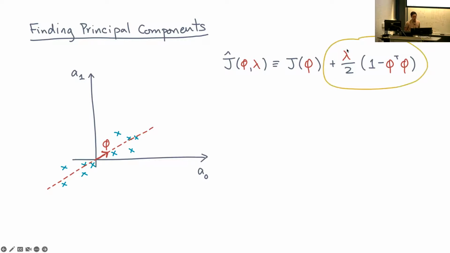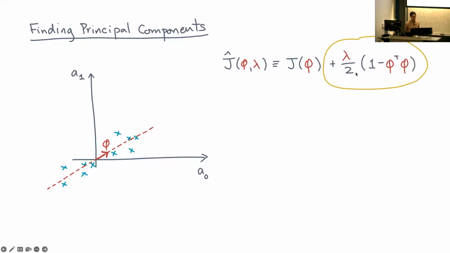I will stick the equality constraint into the surrogate objective, essentially by rewriting the constraint in the form something equals 0. Remember, the constraint was phi transpose phi equals 1, so I can write that as 1 minus phi transpose phi, for example. I'll just shove that in as a term of this surrogate optimization function, along with a dummy parameter, which here I'm calling lambda.